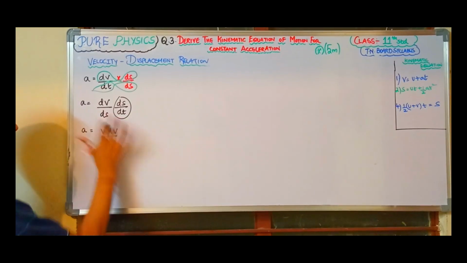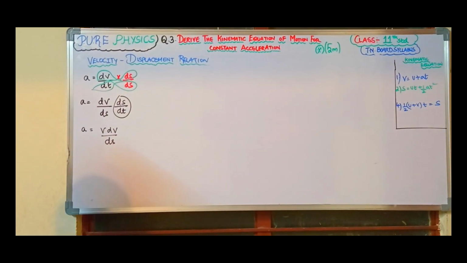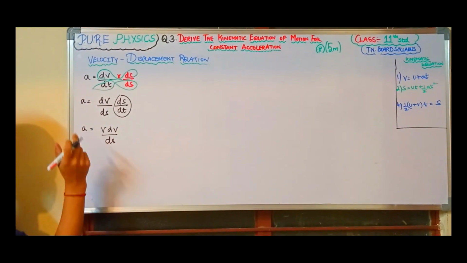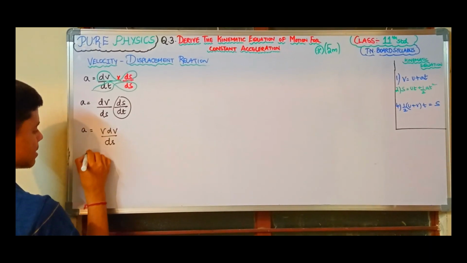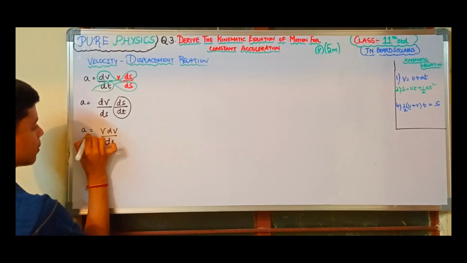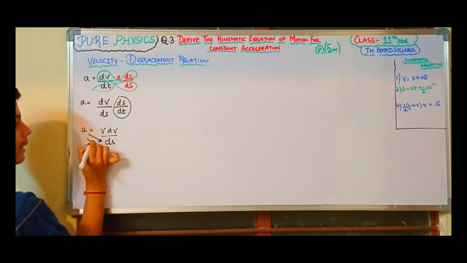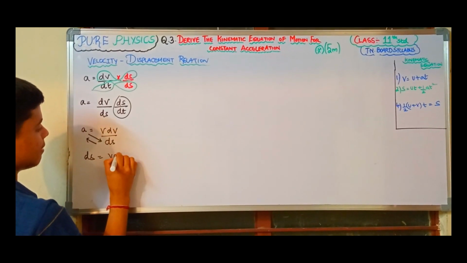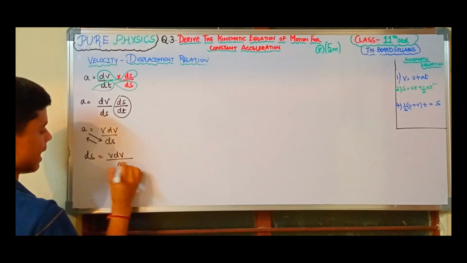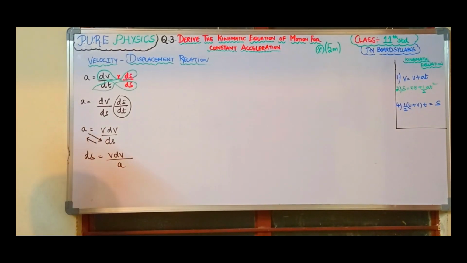Now I'm going to rearrange this whole equation. I will transpose this ds to the left hand side, so that I will have ds, and I will transpose this a to the right hand side, which is v dv by a. ds is equal to v dv by a.